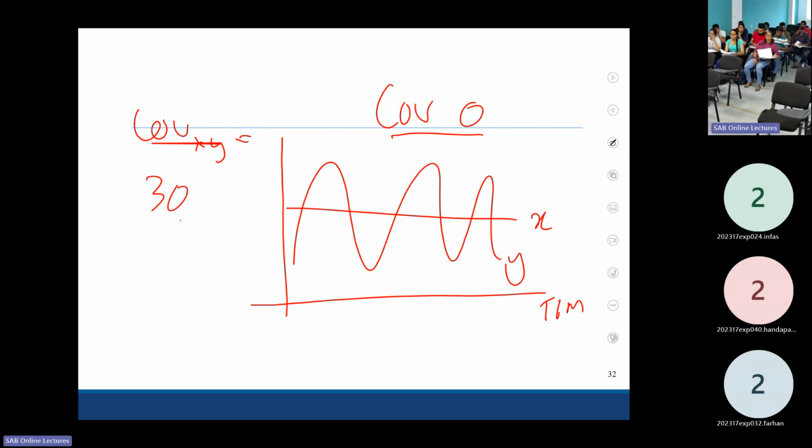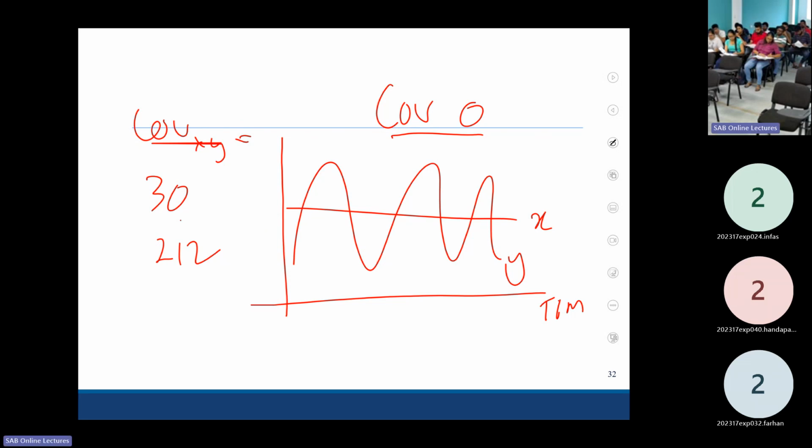You cannot tell the size of the movement. By looking at the covariance, you can tell only the direction of the movement, whether they are moving in a positive or negative direction, or there is no relationship.